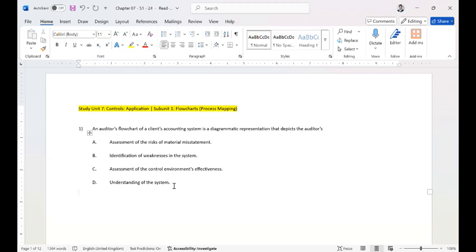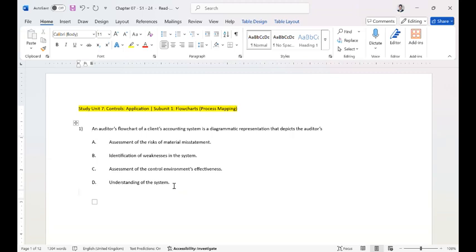Based on that flowchart, you can identify weaknesses and assess the control environment's effectiveness. Sometimes it's difficult to do it just by drawing the flowchart. So, critical evaluation of the flowchart, assessment of the risks of material misstatement. Yes, flow charting helps in that also in external audits when you do financial statement reviews.